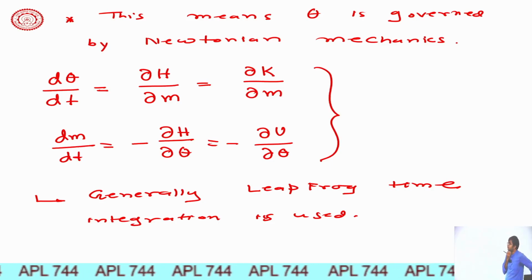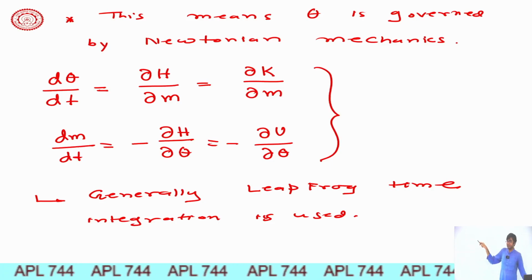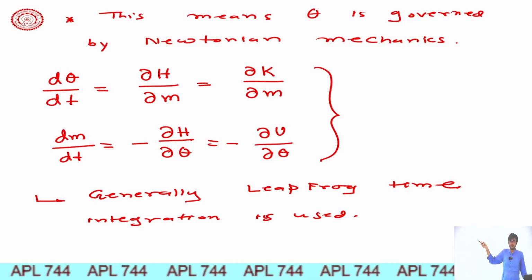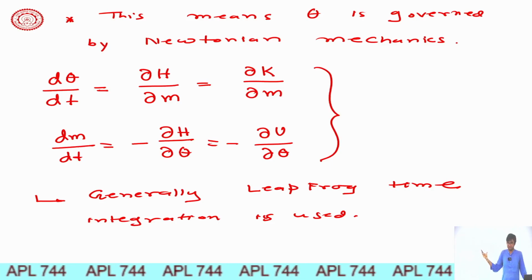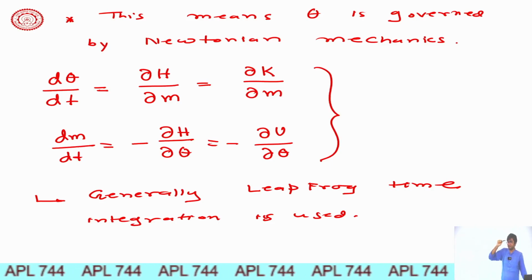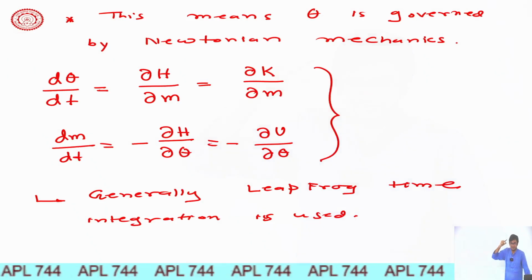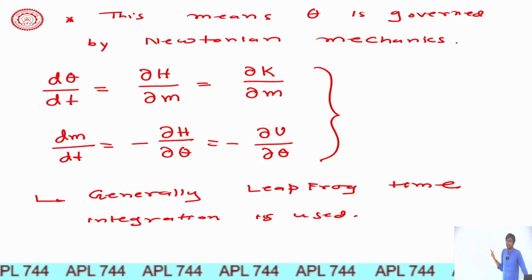Why is leapfrog used? Because remember, this is a Hamiltonian system, which means energy is conserved throughout. There is no dissipation of energy because there are no non-conservative forces or components. So leapfrog is a symplectic integrator.